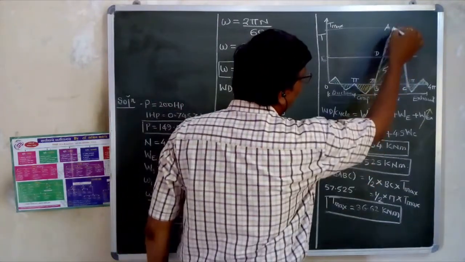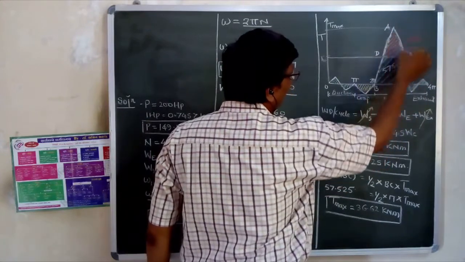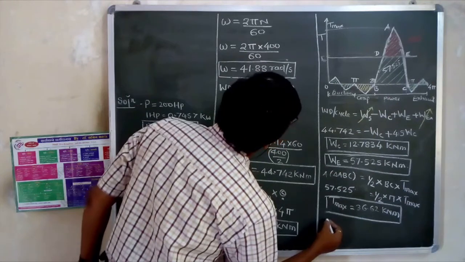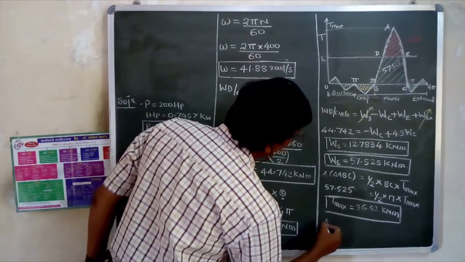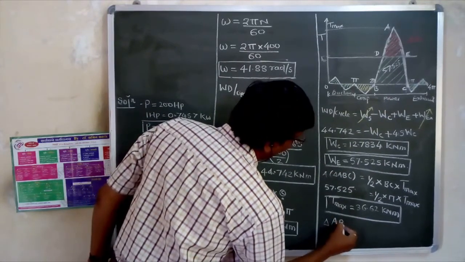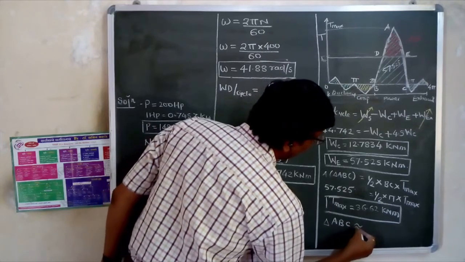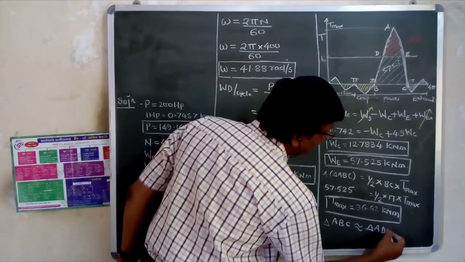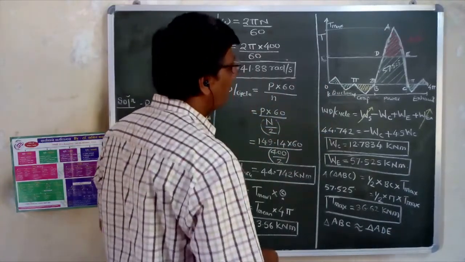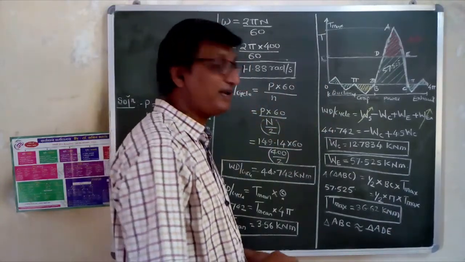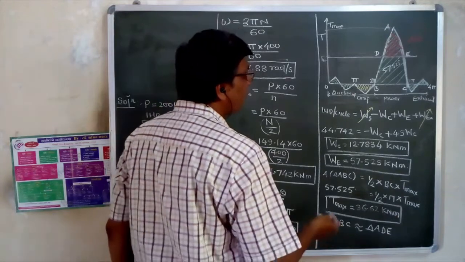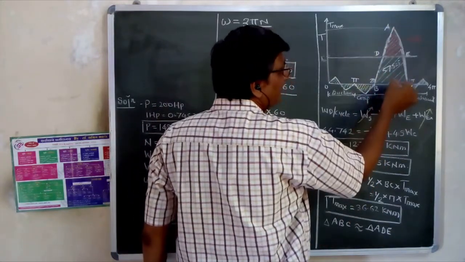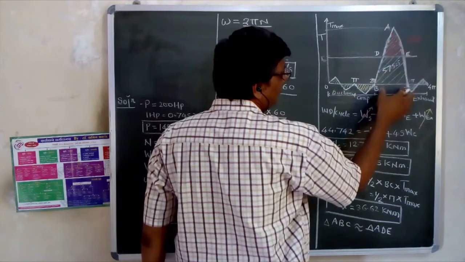This length DE can be calculated as follows. This is one triangle, this is another triangle. Both the triangles are similar. So I can write triangle ABC is similar to triangle ADE. Therefore, the ratio of their lengths is equal. So if you see, what are the known lengths? I know this total length, I know this length, I know this length and this length.